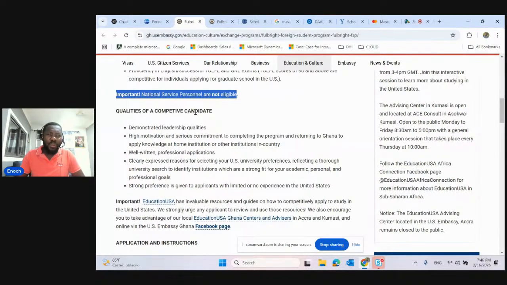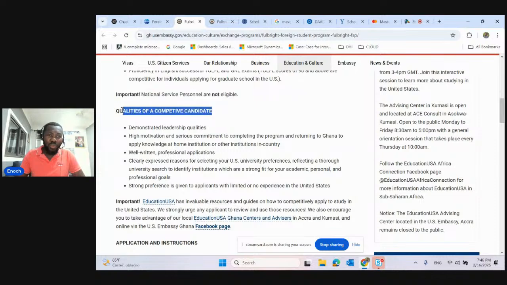Quality of a competitive candidate: what you must possess to attract a Fulbright scholarship. And per the name, it's really for excellent students and people who have demonstrated some peculiar abilities, qualities, and skills. Demonstrate leadership quality, that is one.